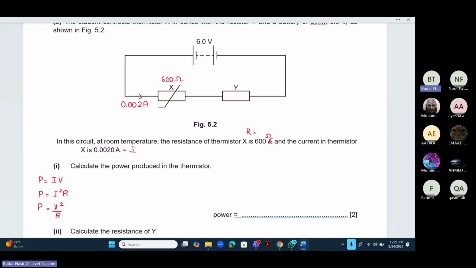So we will use the second formula, P is equal to I square R, 0.002 का square into the resistance, that is 600 ohms. So we get the value of power which is 0.0024 watt. ठीक है? So this is how you calculate the power produced in the thermistor.